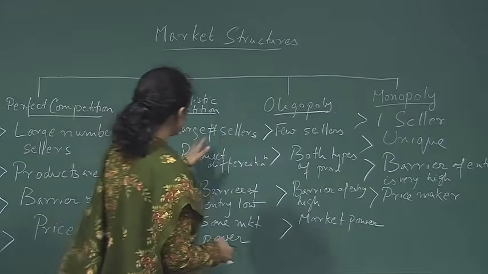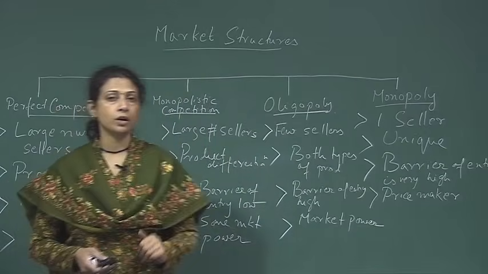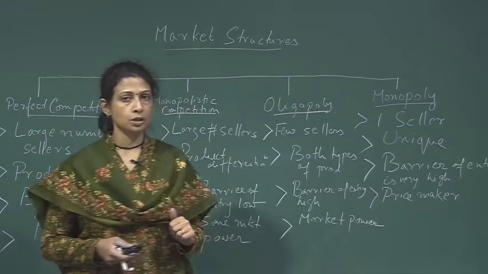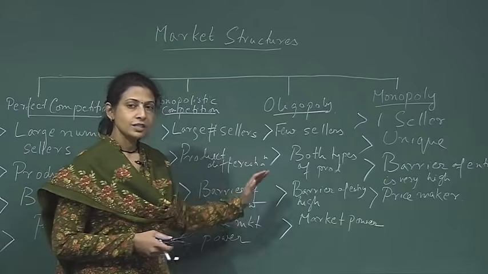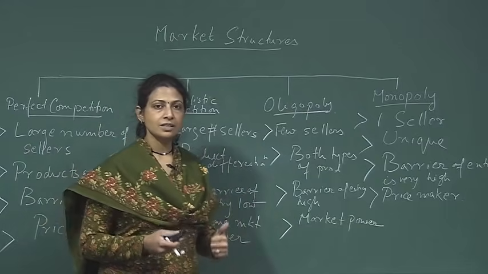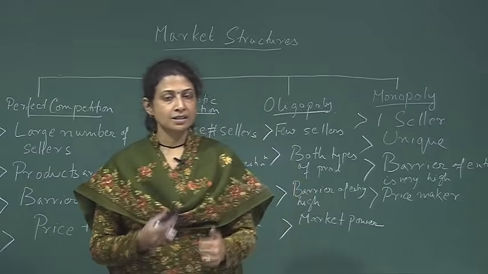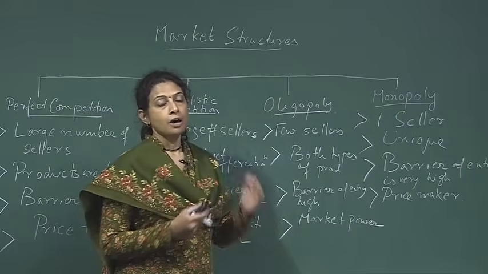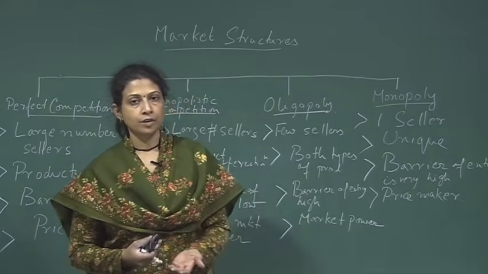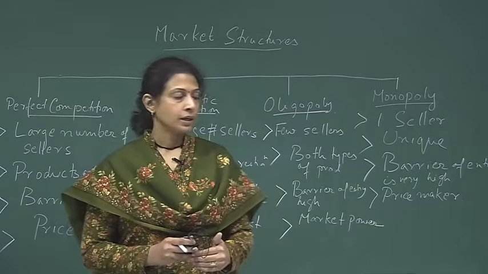In case of monopolistic competition, advertisement plays the maximum role, because the products are highly substitutable. Product differentiation can be created in the minds of the consumers, and that is the reason the firms are going to spend a lot on advertisement so that they can attract consumers to themselves.